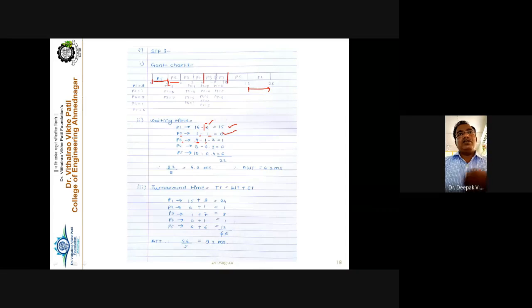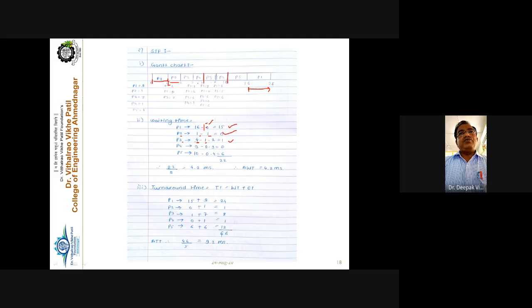So for P3: 4 minus 1 minus 2, because P3 starts executing in this particular slot 4 to 10, that is 6 milliseconds, and before that it has executed 2 times. So 4 minus 1 minus 2 is equal to 1.